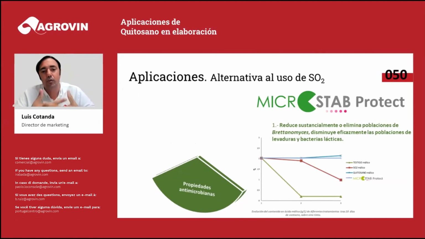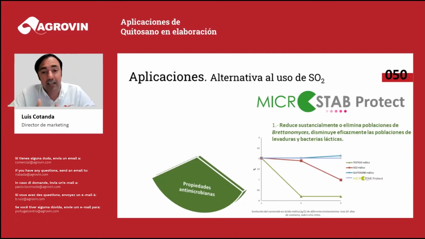We gave it 24 hours, and we treated with MicroStab Protect and with sulfur dioxide, and the result was that after the first week, obviously there was no development in the treated wines, but the second week there was no development of bacteria. There was no reduction of the malic acid and therefore no bacterial activity in the sample treated with MicroStab Protect, but the malolactic activity had started in the sample treated with sulfur dioxide.